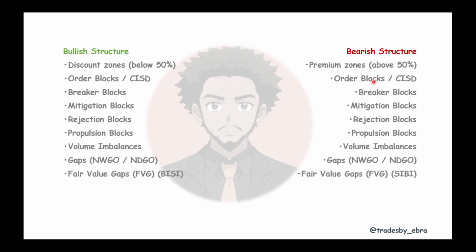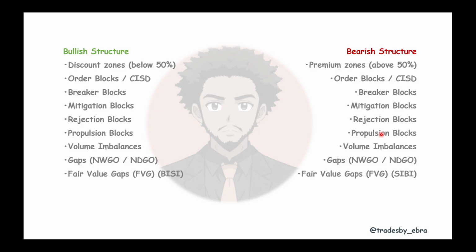So the same with bearish structure. We are anticipating the market to move lower, right? We want to see these arrays in a premium zone above the 50% level for us to be having a nice, good entry. Yes, the market is not going to always be like that, but we learn from one template.